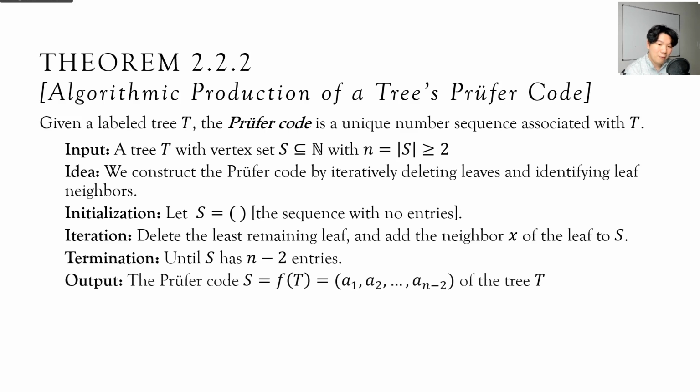And then with this output, we should end up with the Prüfer code of this given tree T. So one thing I want to note again is that this Prüfer code is uniquely associated with the labeled tree. Meaning, if I have the Prüfer code, I can draw the tree and vice versa. So this first algorithm is saying, if I have the tree, how do I produce my Prüfer code? So here again, as usual with a lot of our terms, this was very wordy. Let's go ahead and do an example to see what's actually happening here.